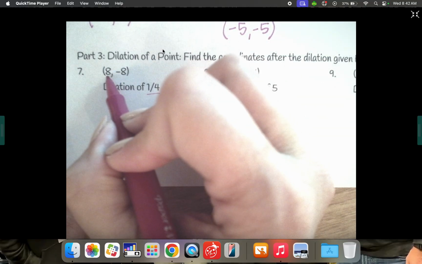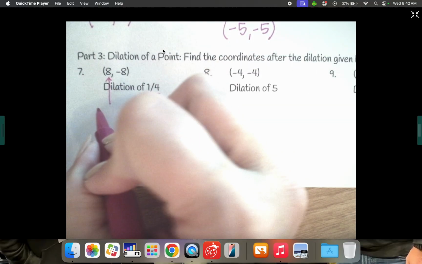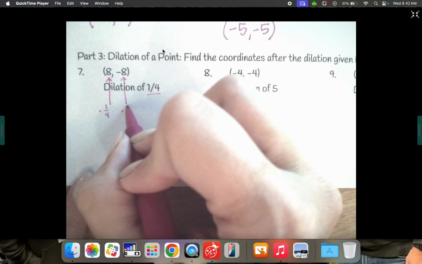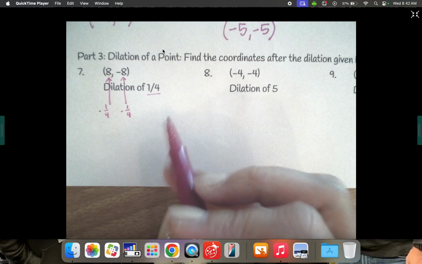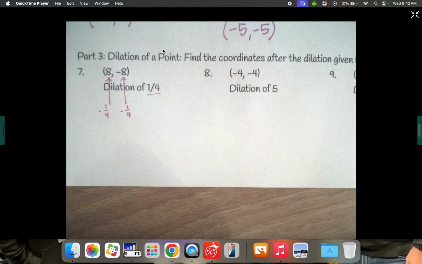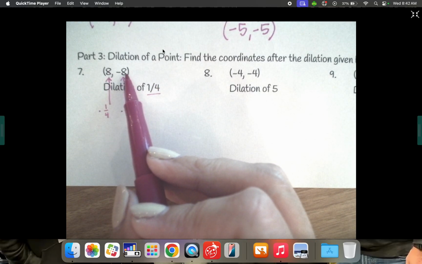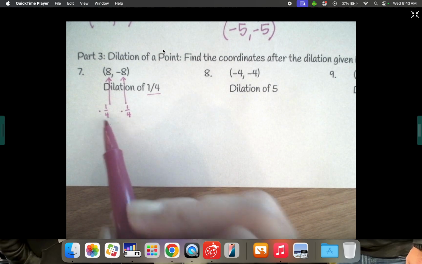So what you're going to do is take each of these numbers and multiply by 1/4. And for those of you who remember, multiplying by 1/4 is the same thing as dividing by just 4. So you could take 8 divided by 4 and -8 divided by 4, but that's the same thing as multiplying by 1/4.